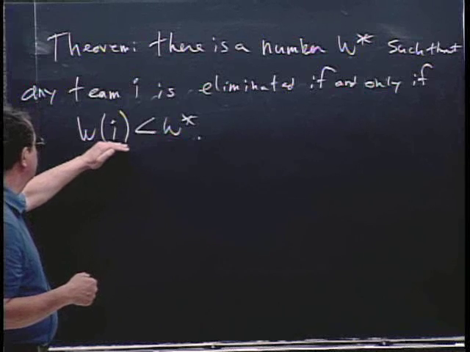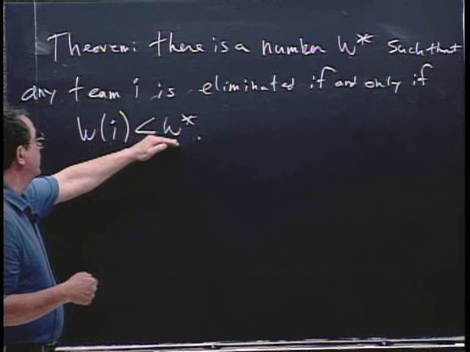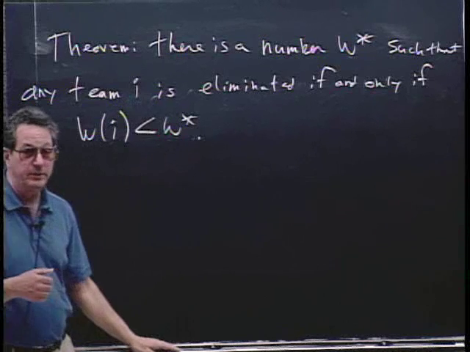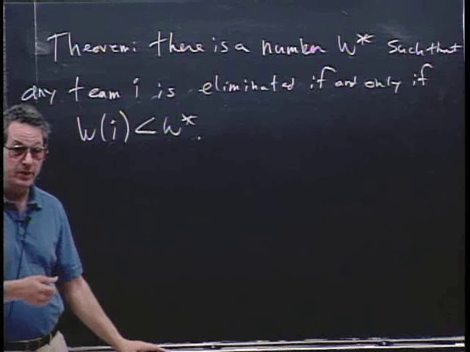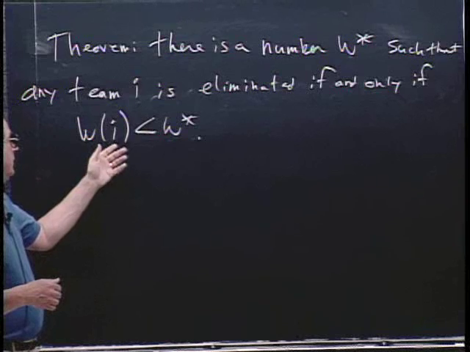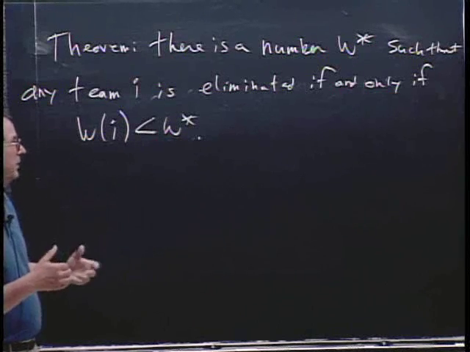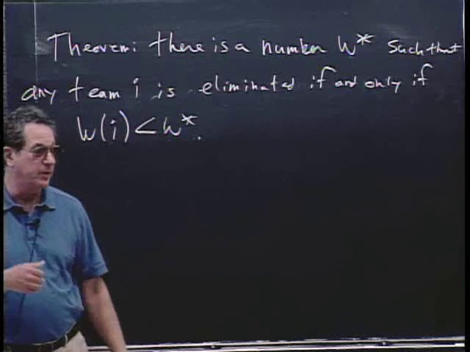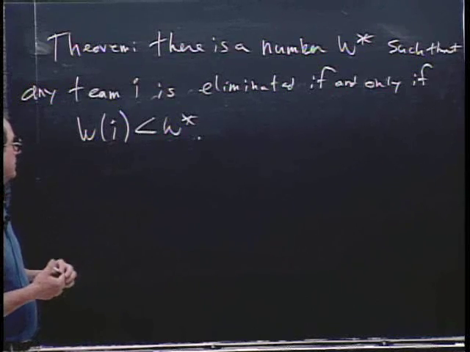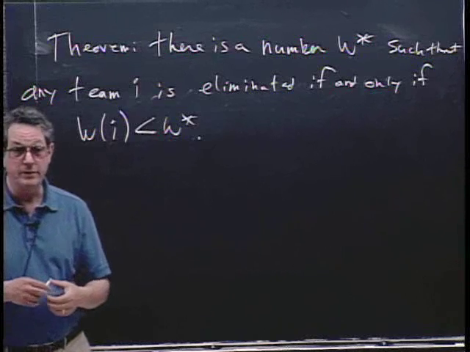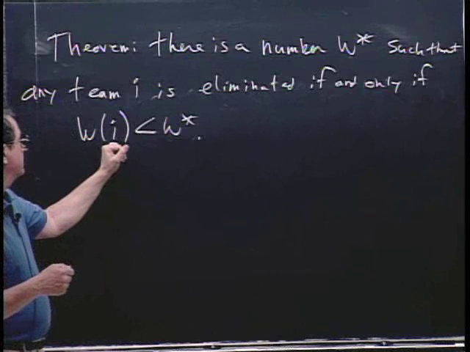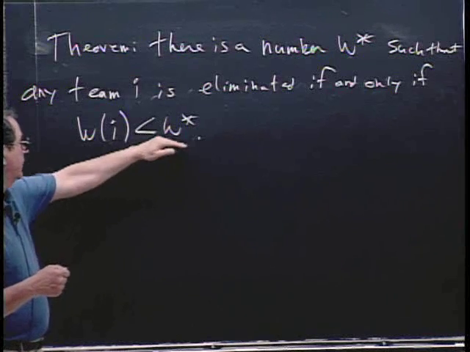On the other hand, if W_i is greater than or equal to W star, then in fact, team i can be, under some scenario, some win-loss scenario of the future games for all the teams, or some outcome, some scenario with the payoff pairs for all the future games, then i can, in fact, either be the undisputed winner with the most number of points, or at least tie for the most number of points. That is if W_i is greater than or equal to W star.